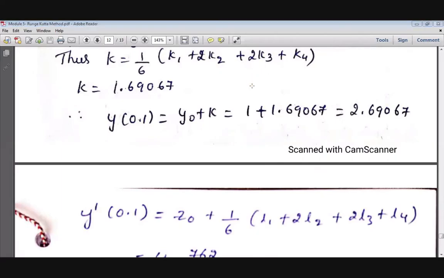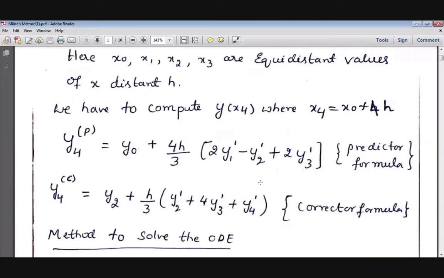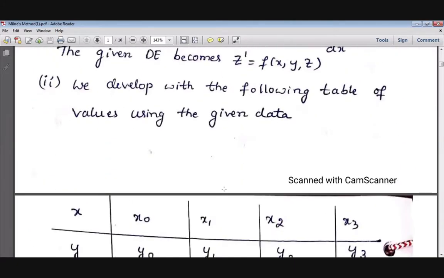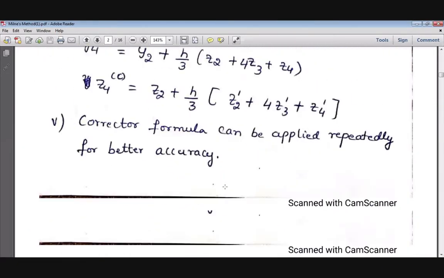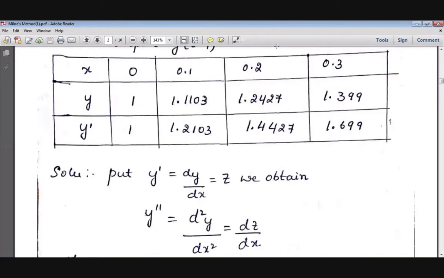We'll go to Milne's method. We were discussing the first problem, right? y dash equal to dy by dx equal to z. So this is the same for all the problems in second order.